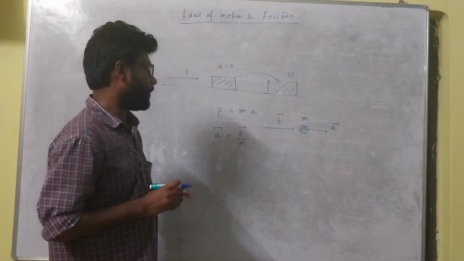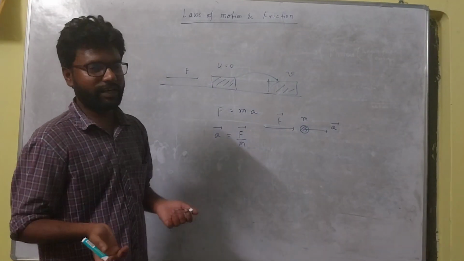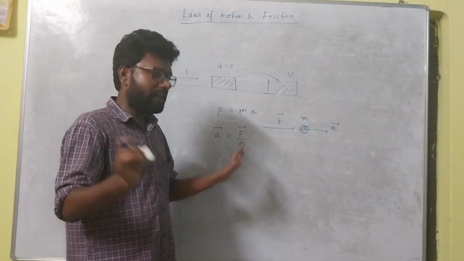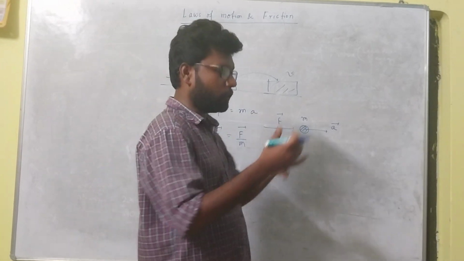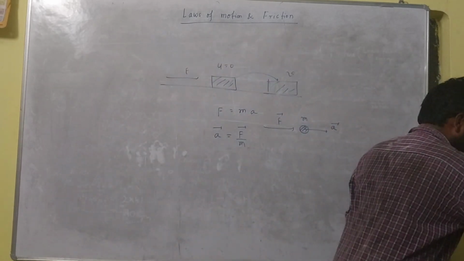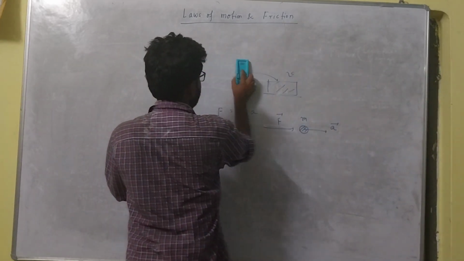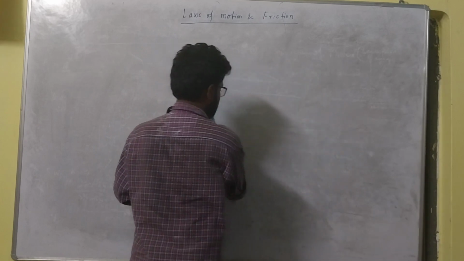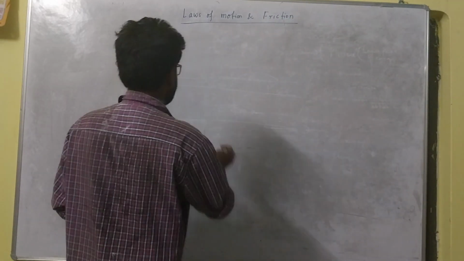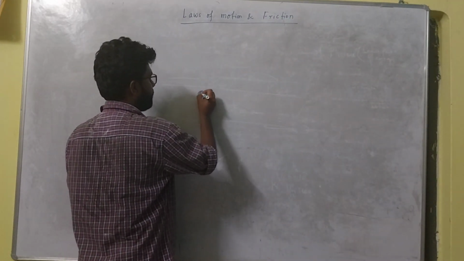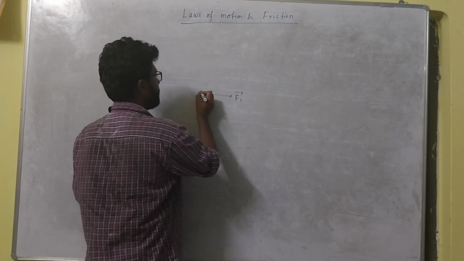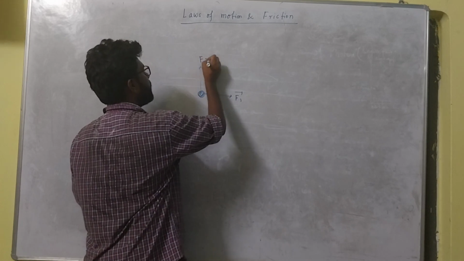Now, if there is a system of particles, or if I apply forces in two or more directions, then what will happen? Just imagine I apply forces on an object in two or three directions. For simplicity, take two directions. So there's the object here, and I apply a force F1 in that direction, and F2, let's say perpendicularly, in that direction.